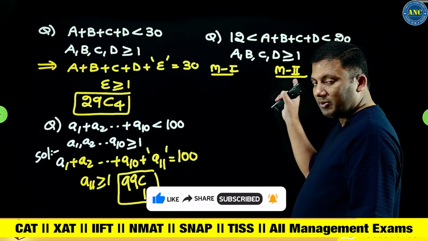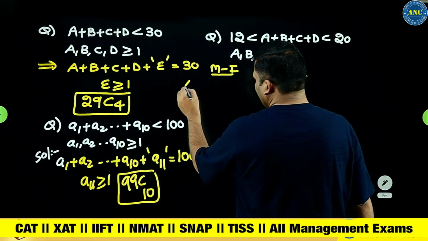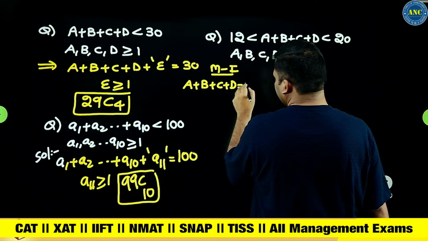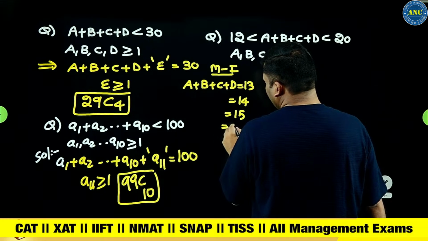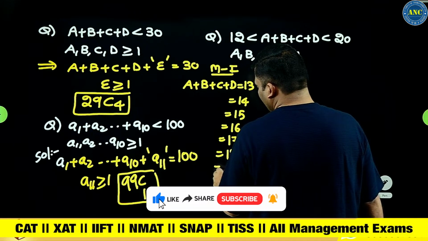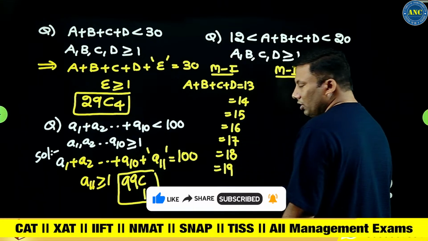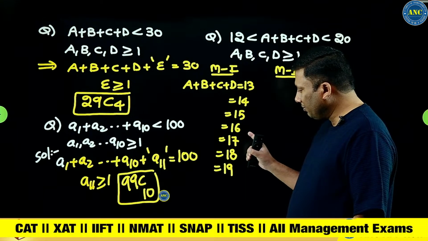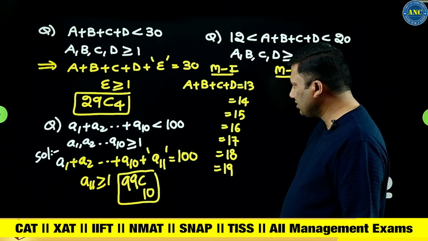That means A plus B plus C plus D lies between 12 and 20. It can be 13, 14, 15, 16, 17, 18, 19. Am I right?